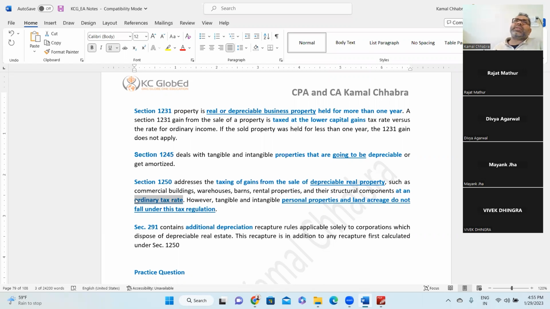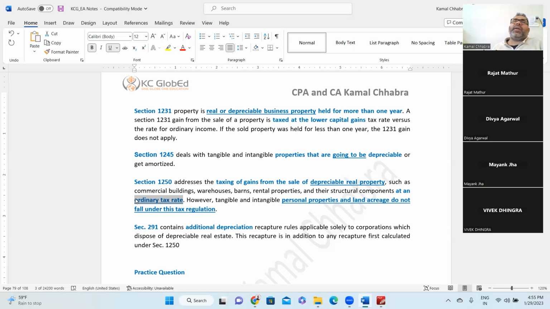Now, the Arizona state wants to bring industry into their state. So for that, the Arizona state government has promised to provide 50% additional depreciation if you put any new manufacturing setup in the Arizona state.